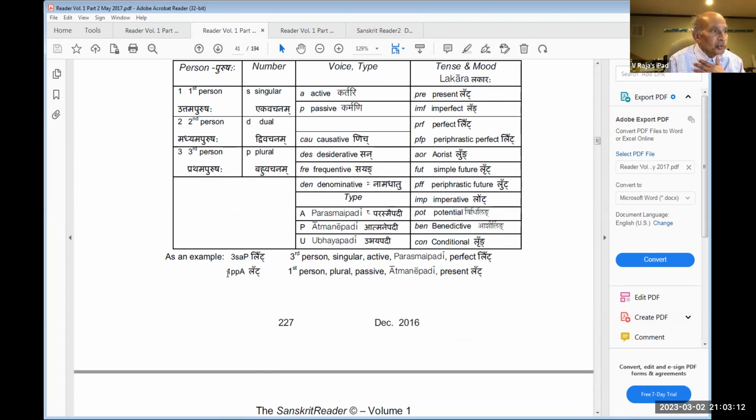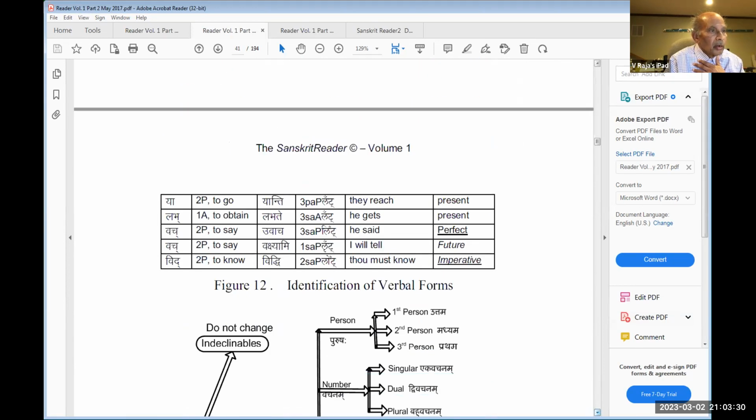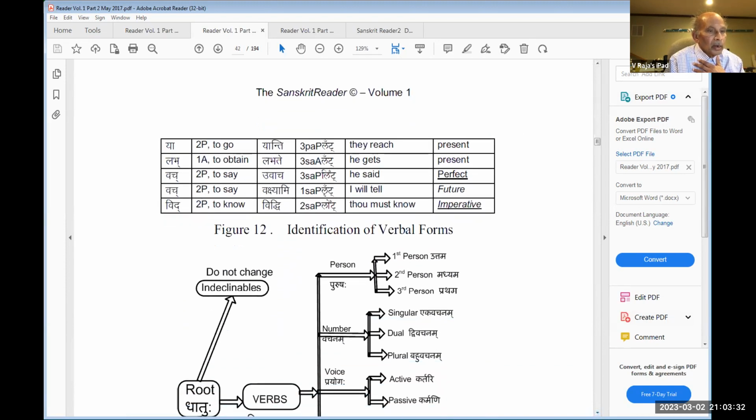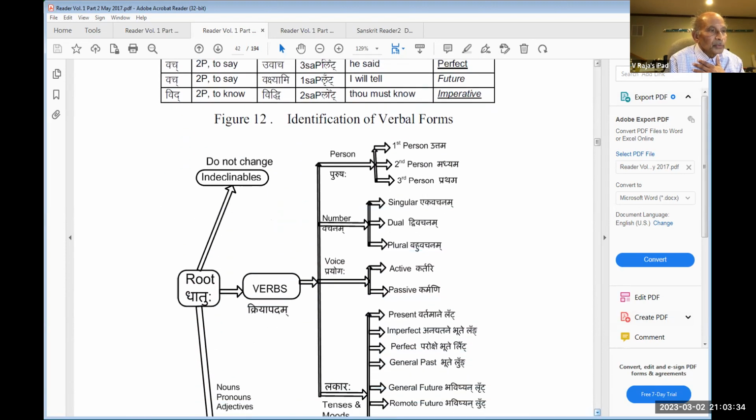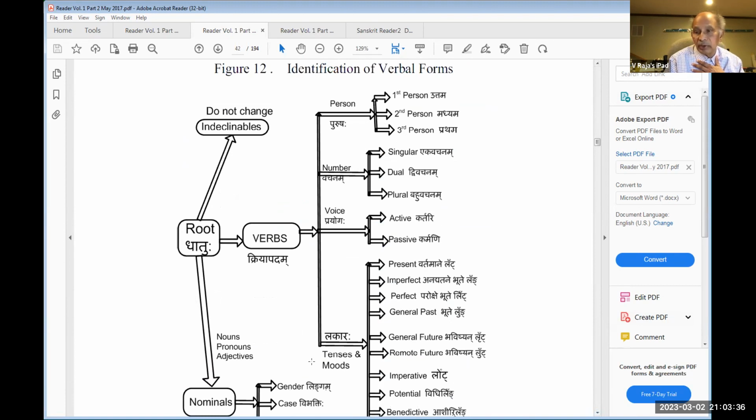Or first person, plural, passive voice, atmanepadi, lat. So instead of giving the whole of this, we may put just this. And all of that is explained in this picture. So it's up to you to read all of them or go through this.